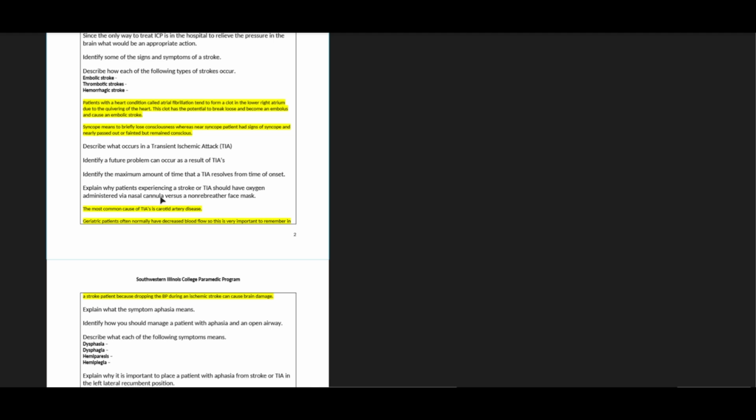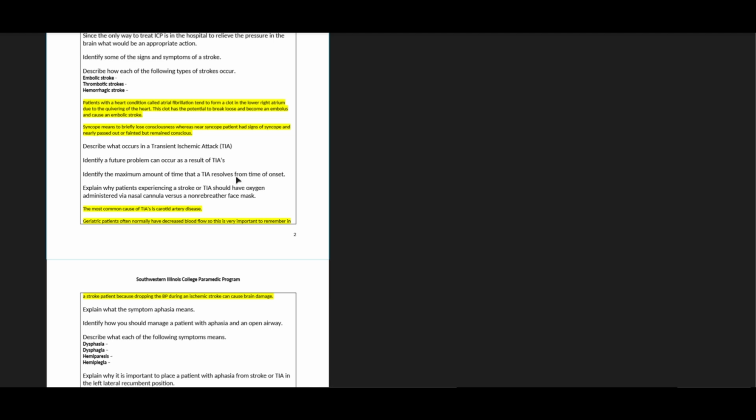Explain why patients experiencing a stroke or TIA should have oxygen administered via nasal cannula versus a non-rebreather mask. This question's a little nebulous. If your patient requires oxygen administered via non-rebreather mask, then that's what you've got to do.